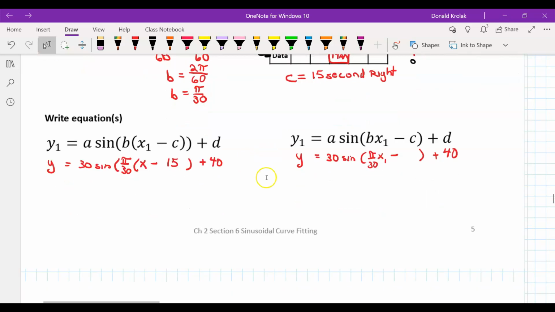All right, now here's where you got to be careful. It's not 15 in this one. Okay? Because if you multiply these two out, that's how you get this value right here. So this is really pi over 30 times 15.